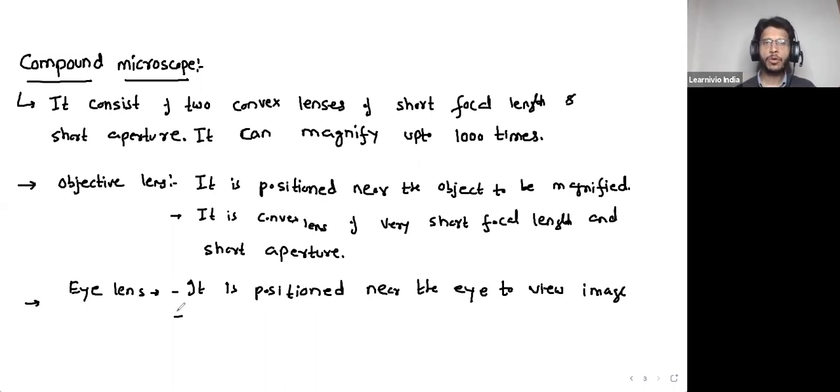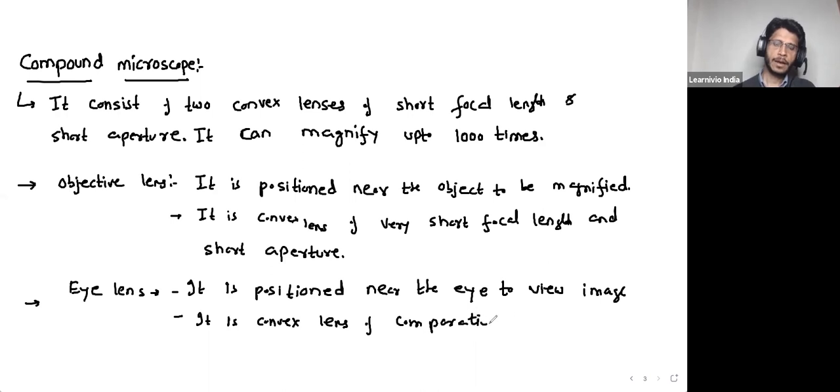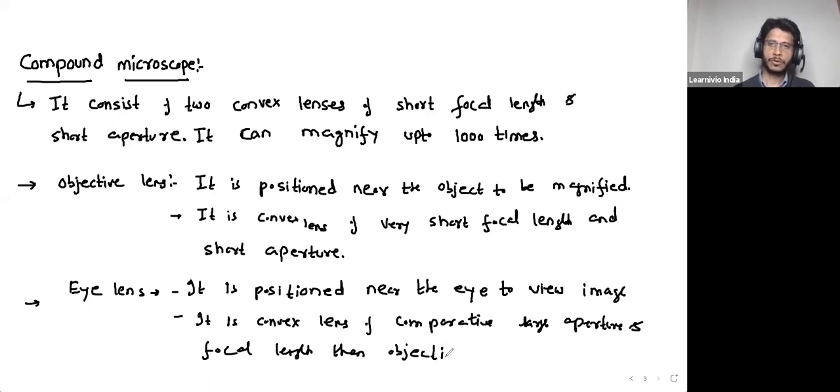It is again a convex lens, but its focal length is comparatively larger than that of the objective lens. It has a large aperture and focal length compared to the objective. So these are the two types of lenses that we use in a compound microscope. One is the objective, another is the eye lens.